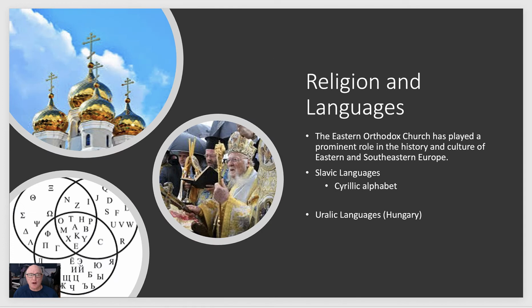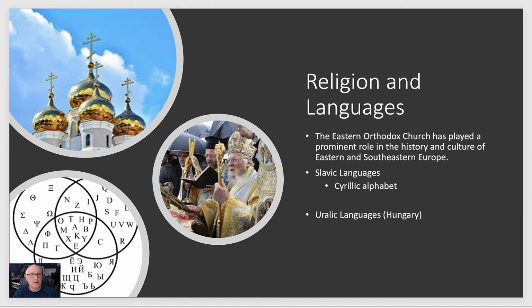And they're characterized by religion and a different kind of language, or I should say languages, that are different than the Latin-oriented languages and the Celtic-oriented languages. So mostly we're talking about the Slavic languages and the Uralic languages, which is mostly Hungary, and then the Eastern Orthodox Church.